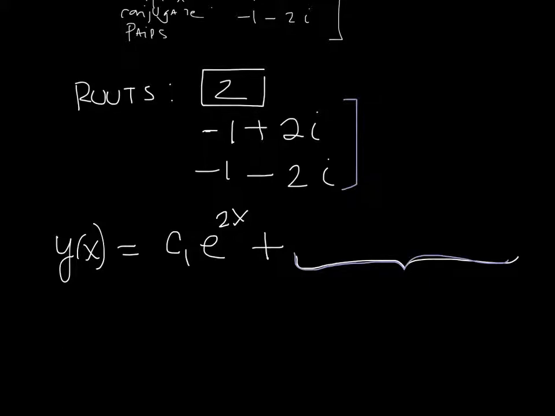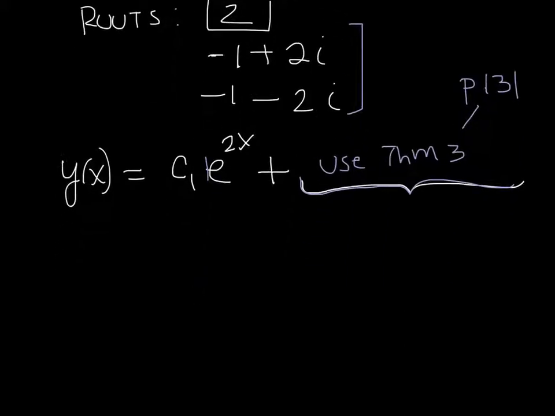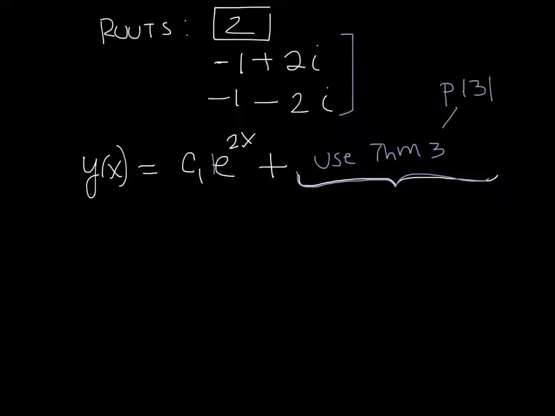To find these, we're going to use theorem 3 in your book, page 131. And I did a complex root problem earlier, so hopefully that helped. Okay, so we have negative 1 plus or minus 2i. Let me write it in purple so we know we're only working with that one.